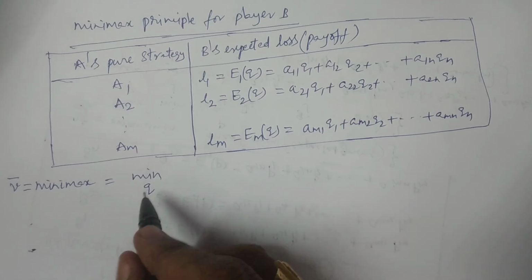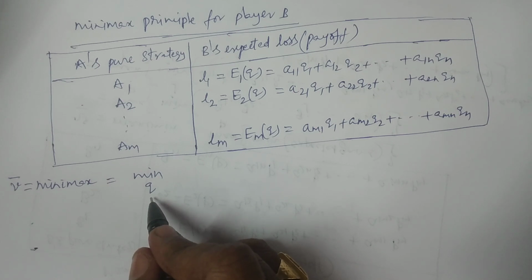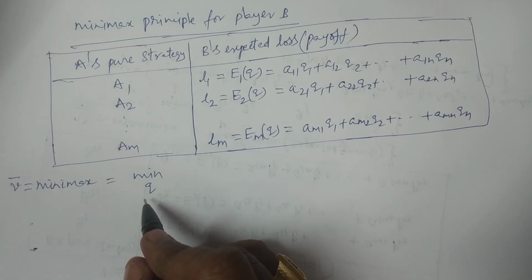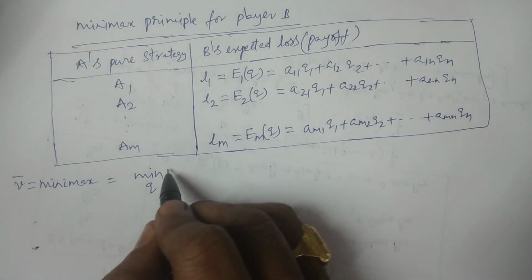That strategy is considered with the probability Q. The probability Q allocates the use of one particular strategy which gives you a better position. That is what you have to consider.